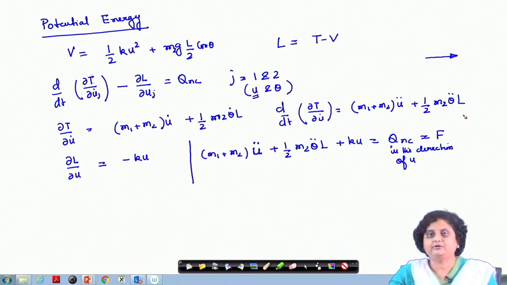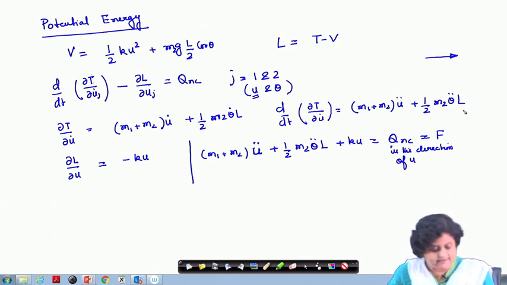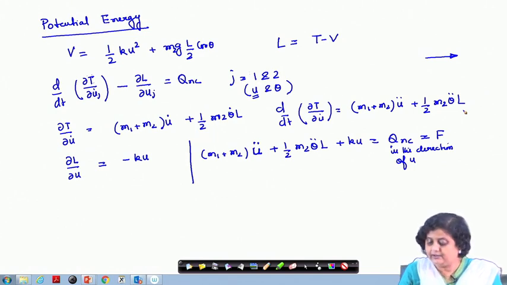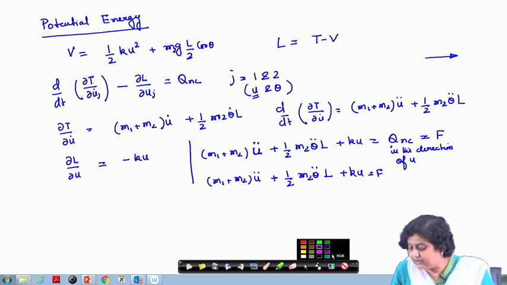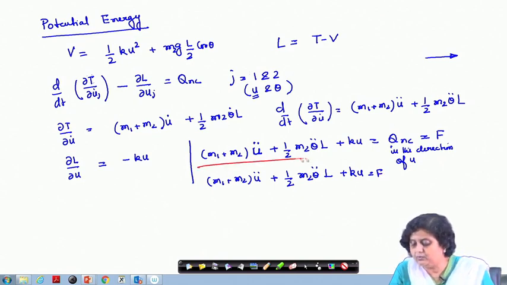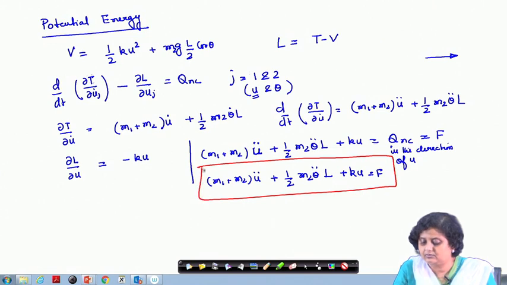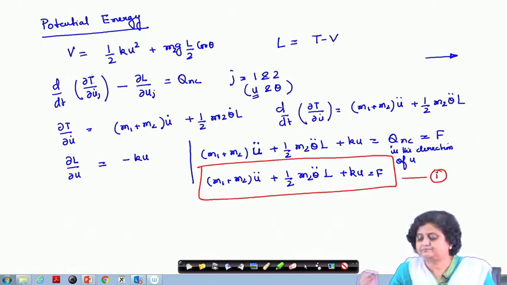So, the equation of motion turns out to be m1 plus m2 u double dot plus half m2 L theta double dot plus k u is equal to F, and that is my equation of motion 1.